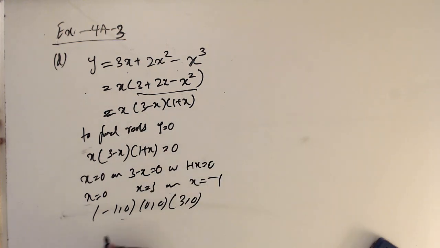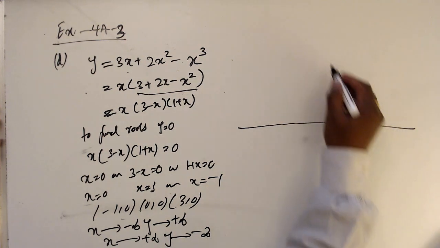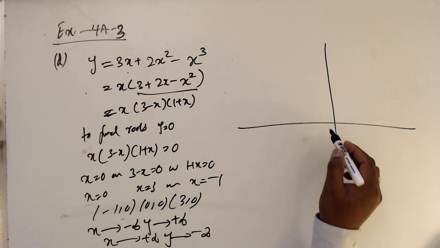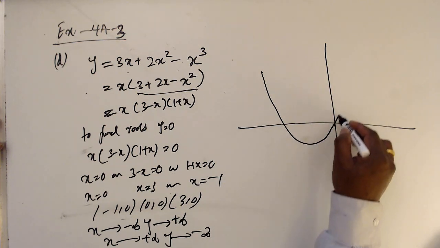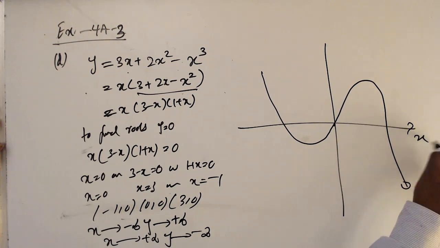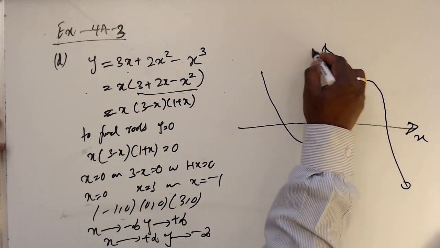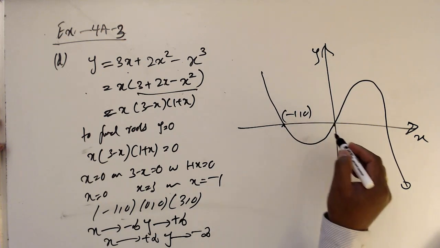So now we know that as x goes to negative infinity, y goes to positive infinity. Then as x goes to positive infinity, y goes to negative infinity. Then draw the graph. This is minus 1, 0.